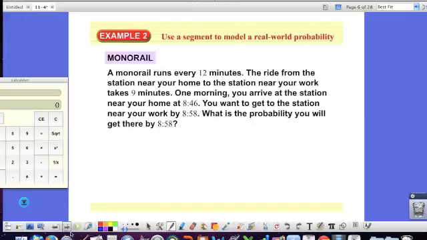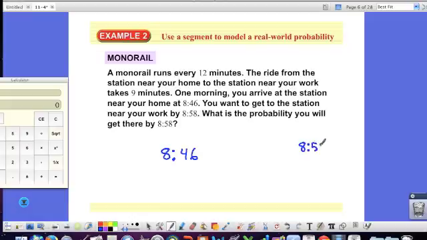Makes some sense. Okay, so in a real-world example, a monorail runs every 12 minutes. The ride from the station near your home to the station near your work takes 9 minutes. One morning, you arrive at the station near your home at 8:46. You want to get to the station near your work by 8:58.